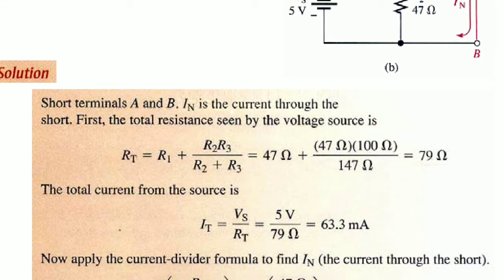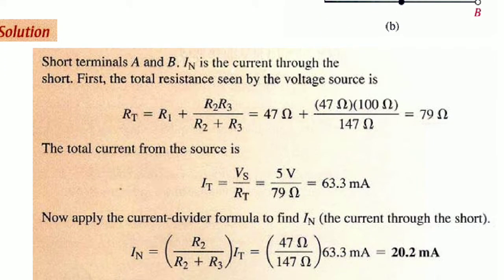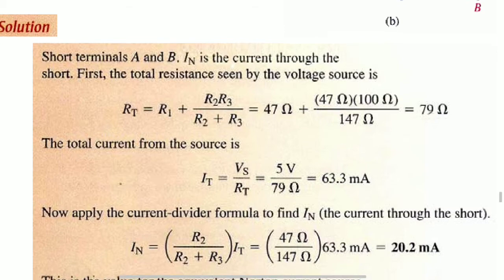Now apply the current divider formula to find IN, the current through the short. Here IN is equal to R2 by R2 plus R3 into IT, that is 47 ohms by 147 ohms into 63.3 milliamps, which equals 20.2 milliamps.